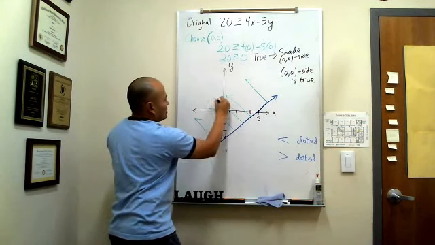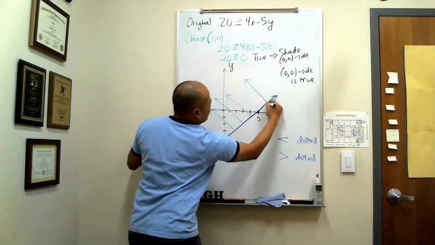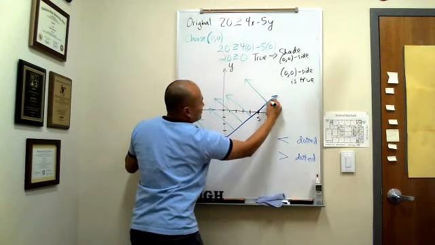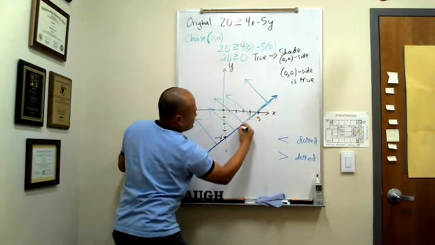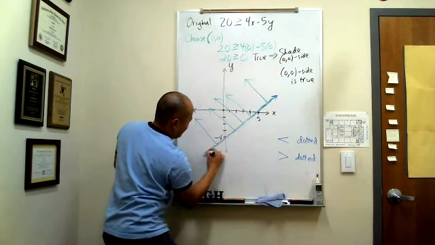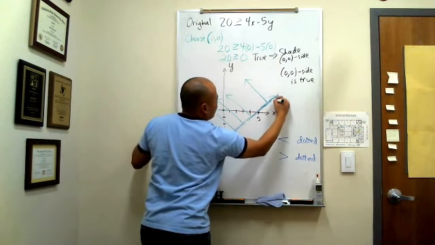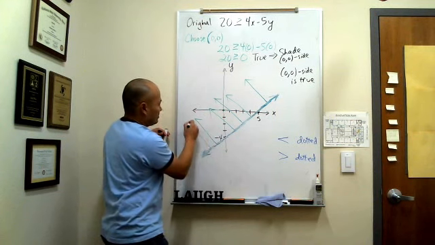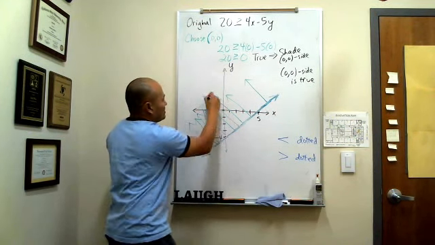Another thing we're going to shade is the blue line. Because it's an equal sign in the original inequality, the equal tells you that we can shade the line also. So the blue line is now green, so that is shaded. And then we have to shade every ordered pair on the 0, 0 side.